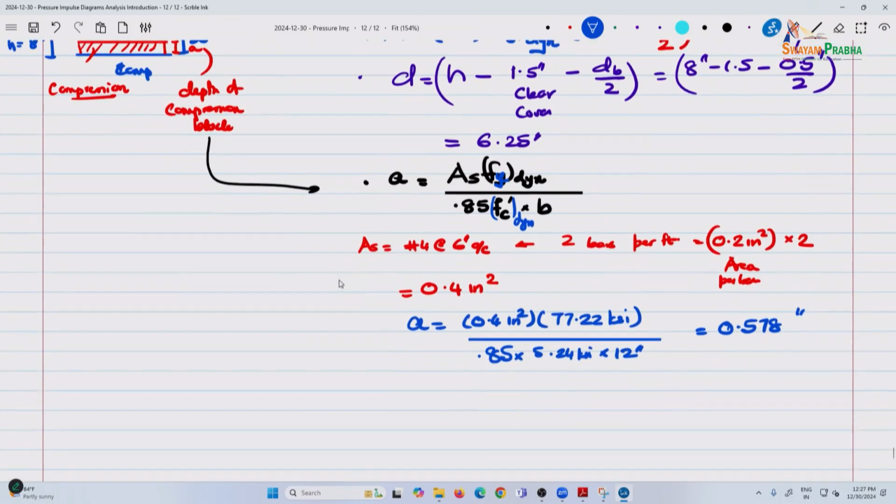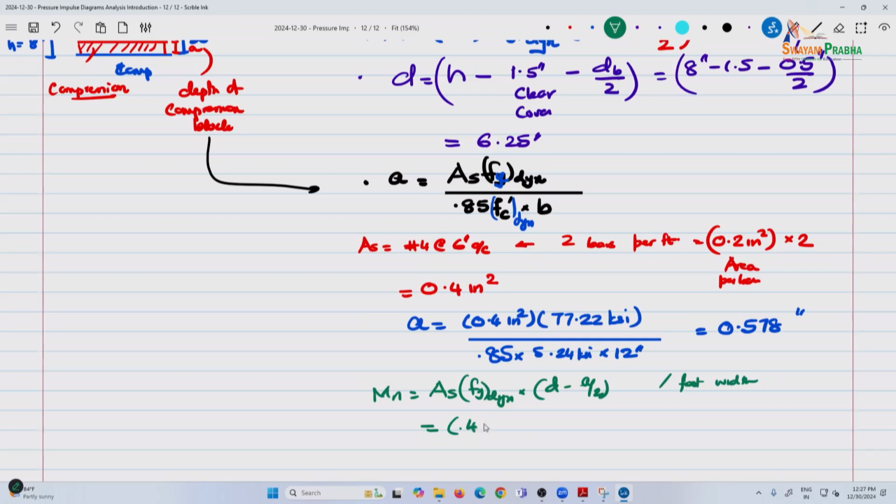So Mn is As Fy dynamic multiplied by d minus a by 2. Now again this is per foot width. We are taking 1 foot wide wall.